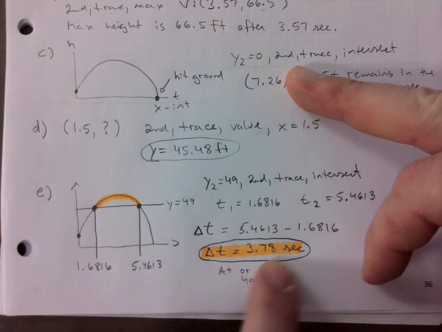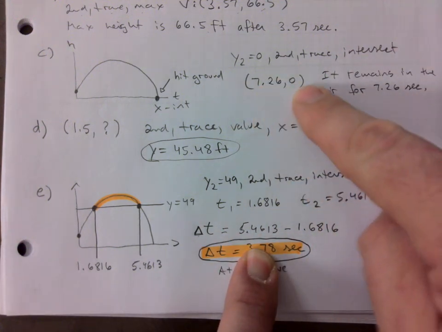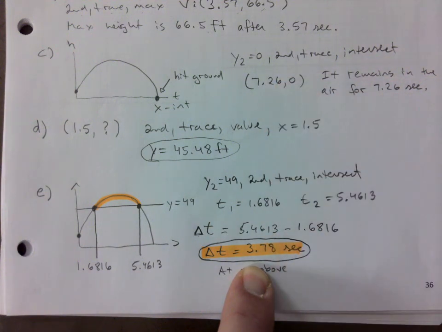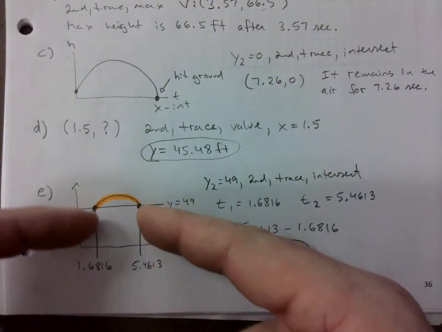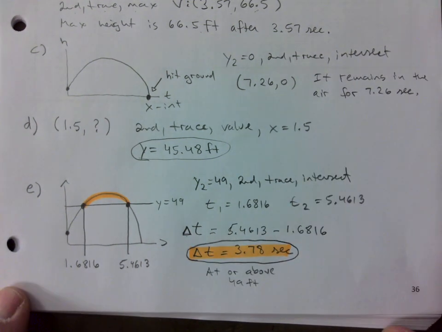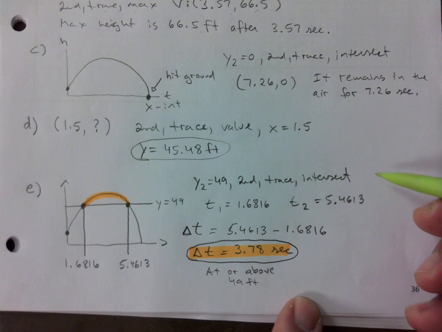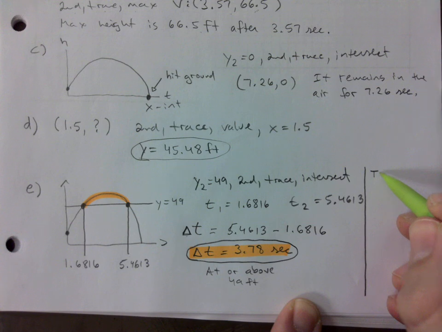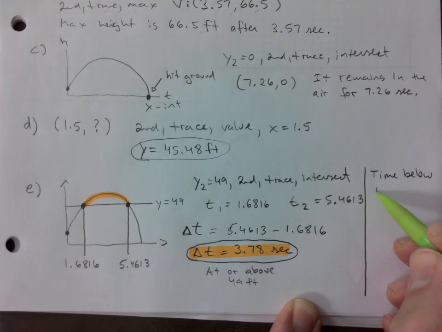Just take this one away from the total time. If you subtracted these two now, you would actually find the time spent below 49. And I will do that just because it's convenient. It doesn't ask for it. I'm going to just cut this here. If you have space, please add this. Time below 49 feet.